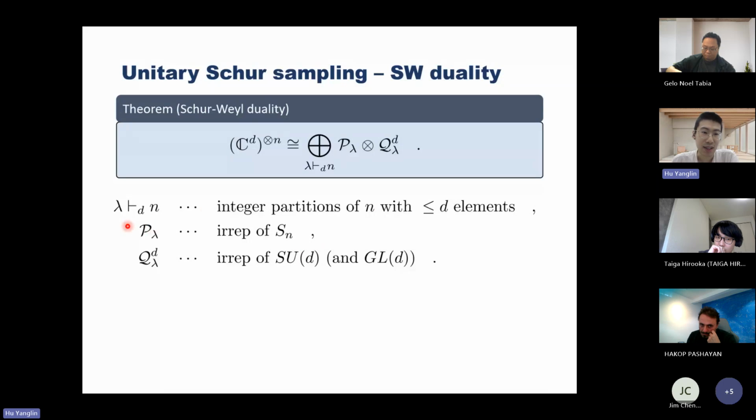Maybe I just give a more detailed introduction on this lambda. This lambda is a so-called integer partition of n with at most d elements, where d is the dimension of each Hilbert space.